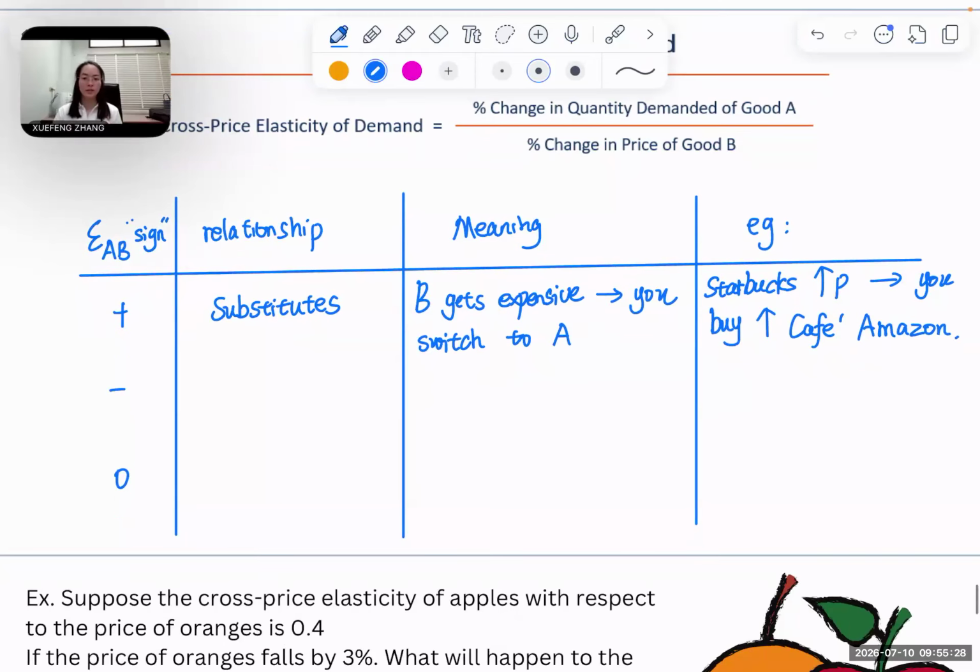They are substitutes, so basically Starbucks and Cafe Amazon are substitutes for you. You just switch to them.